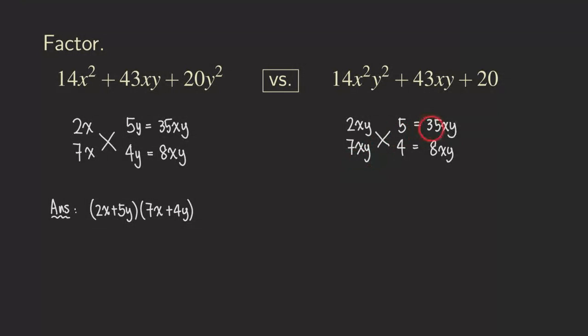Do you see that we still get the same middle term, right? But the difference is that the y now goes with the first terms for the 2 factors. Is that okay? So now how do we write down the answer? The answer for this one would be 2xy plus 5 and then 7xy plus 4.